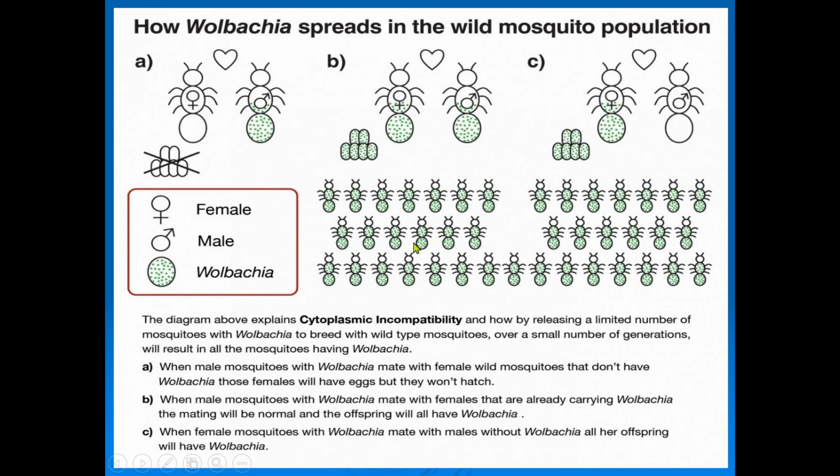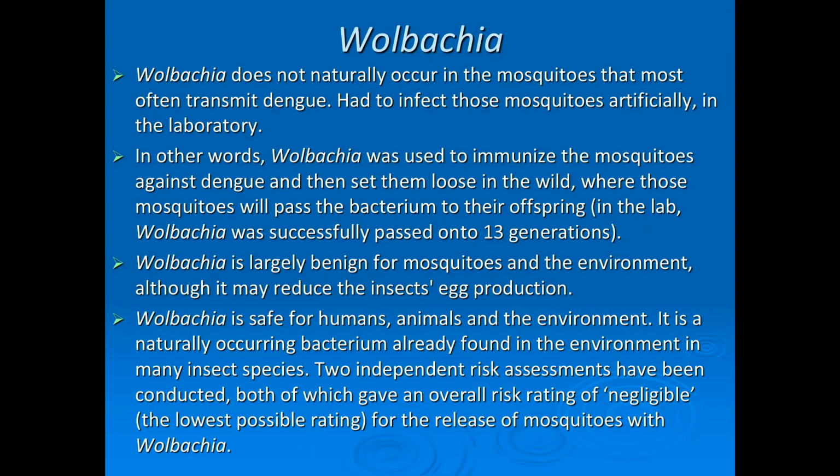Biocontrol of mosquito-borne viral diseases, where Wolbachia-infected females are released into the environment, and after a few generations, all the mosquitoes will have the bacteria. And because the viruses don't grow in Wolbachia-infected mosquitoes, then the chain of infection can be broken.